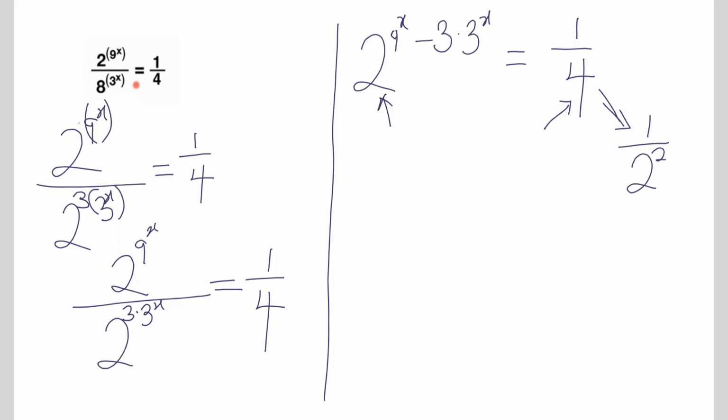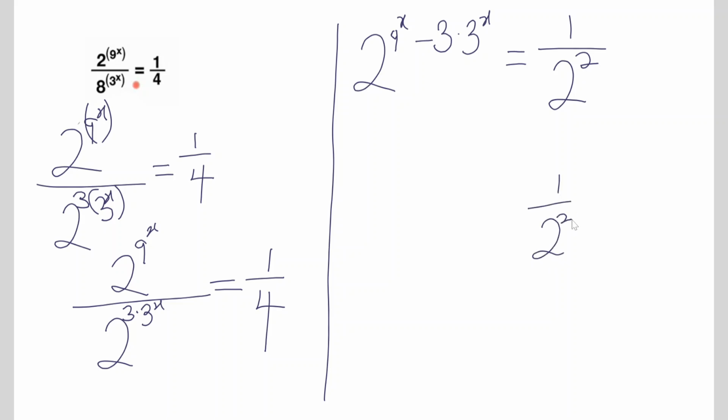Now let's quickly do that. Instead of having 1 over 4, let's write 1 over 2 to the power of 2. And at the same time, there is still a relationship. I can write 1 over 2 to the power of 2 as 2 to the power of minus 2.